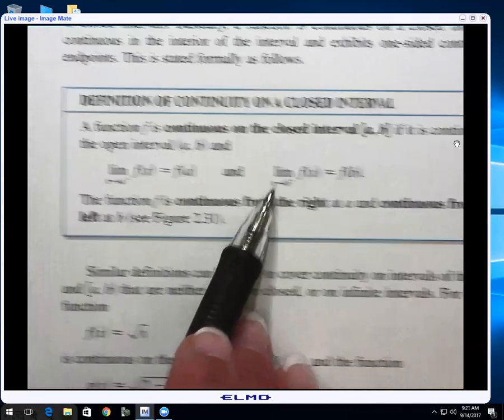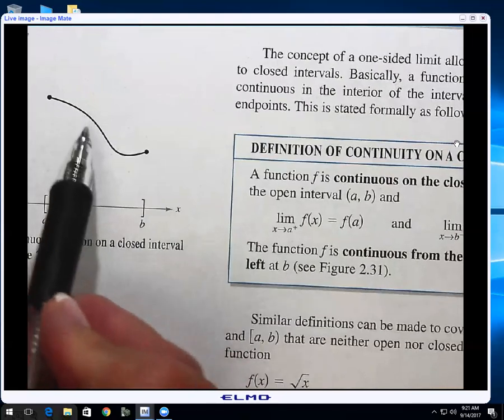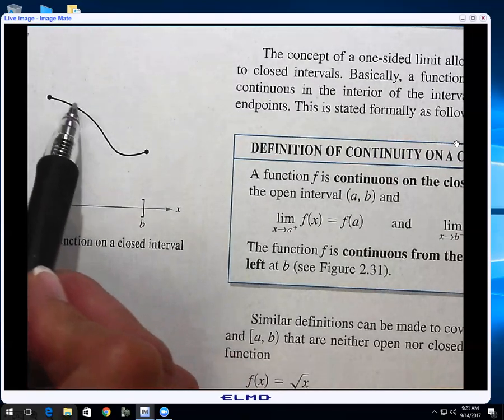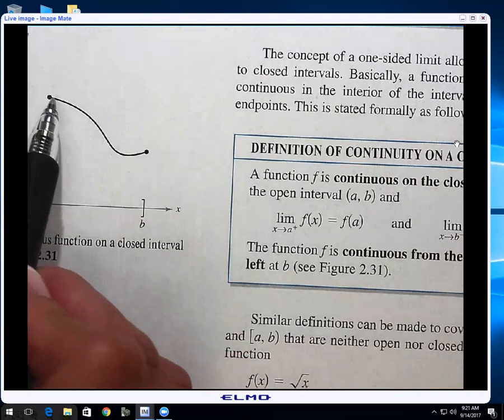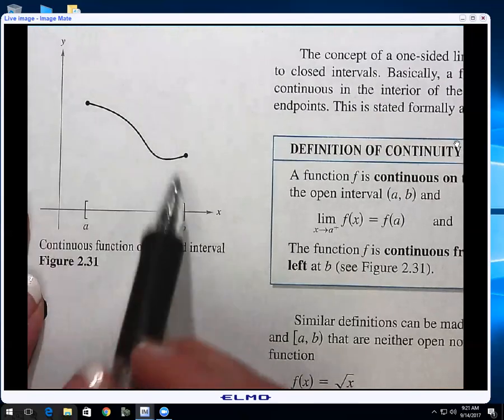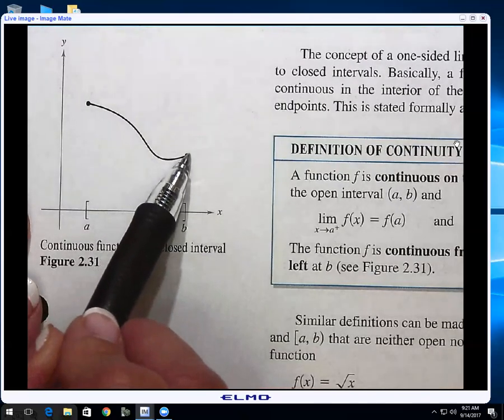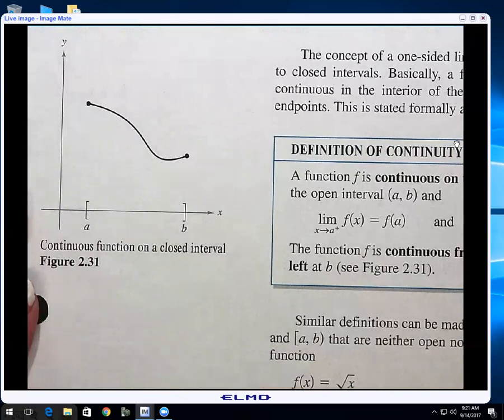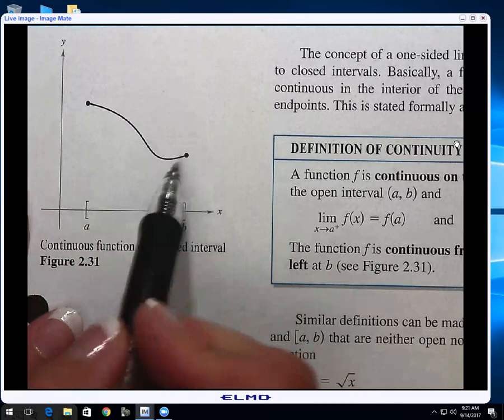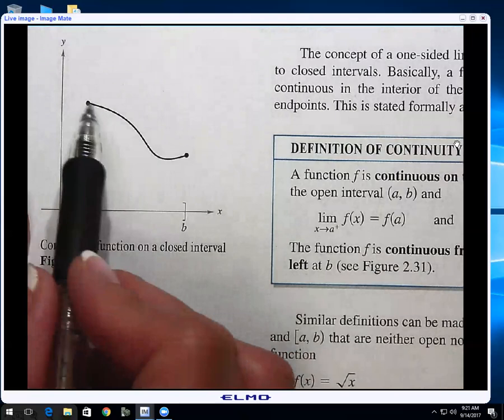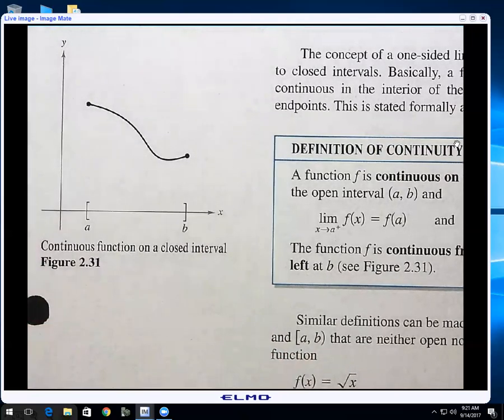These two extra conditions are saying the limit as x approaches the left endpoint A from the right is the same as f of A, and the limit as x approaches B from the left is the same thing as f of B. In other words, if you could get all the way to the endpoints and include both endpoints without picking up your pencil, then you can say the function's continuous on a closed interval.